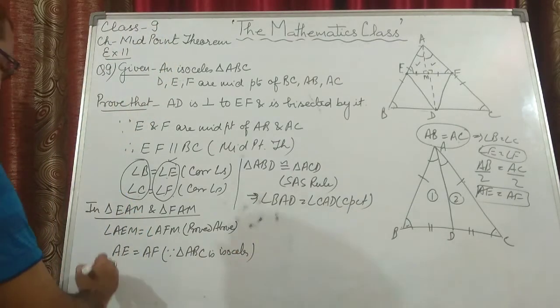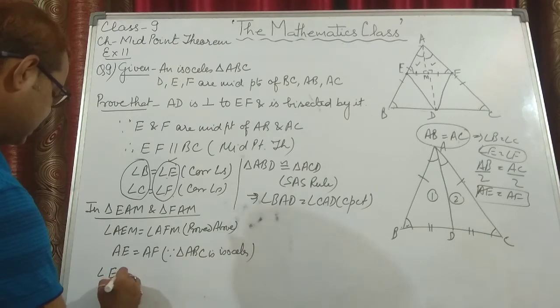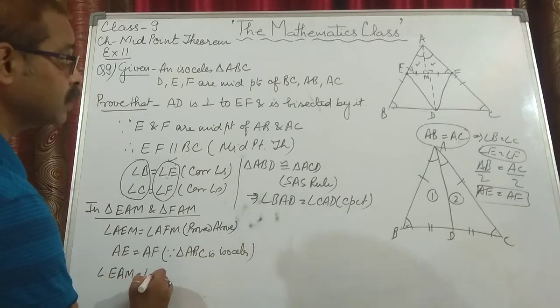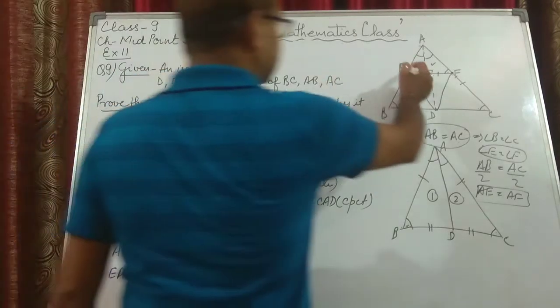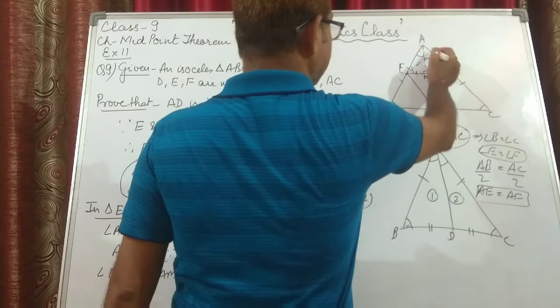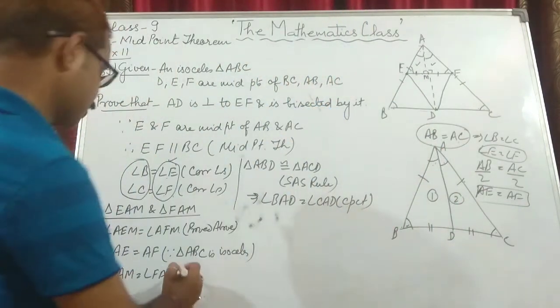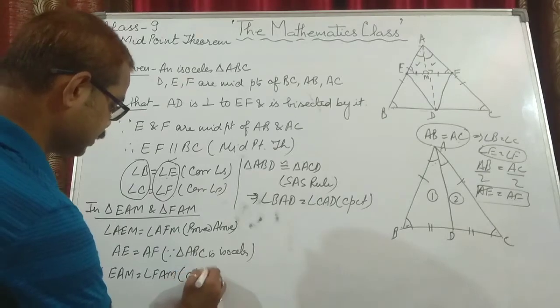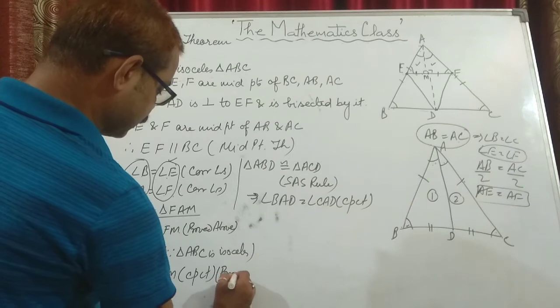Second point. Third point, we can say that angle EAM is equal to angle FAM. Why? It has been proved here by CPCT. So you can say CPCT, already proved above, or even you can say proved.